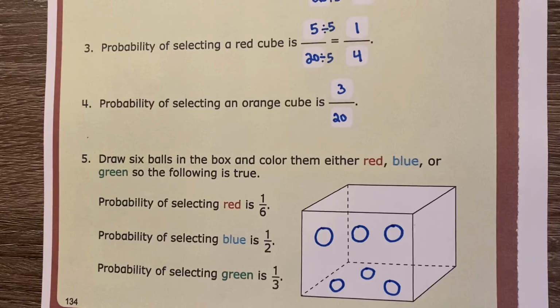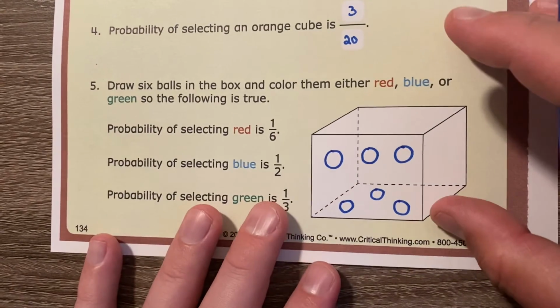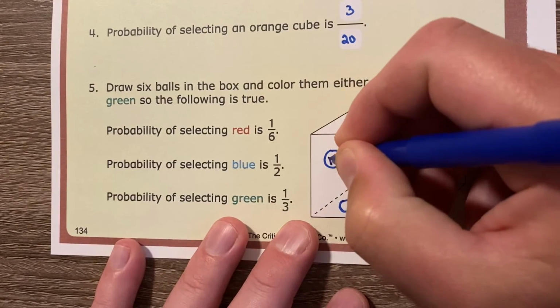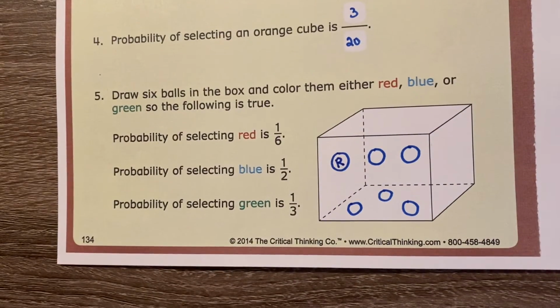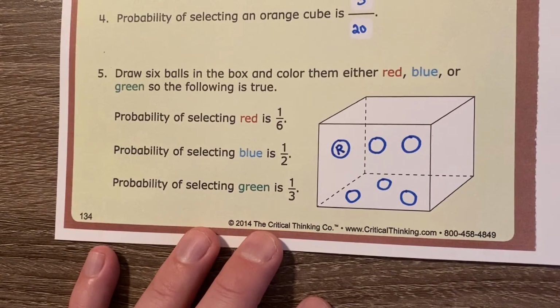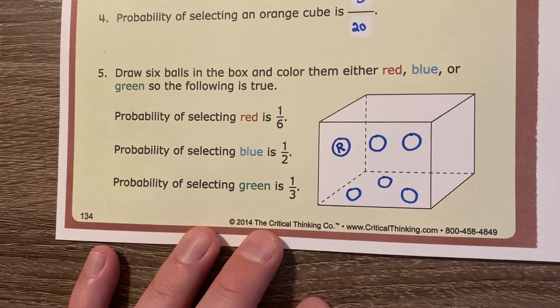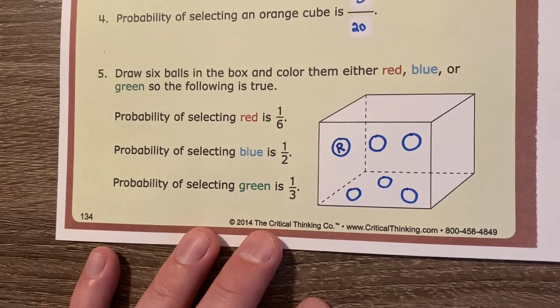All right, so it says, if the probability of selecting a red one is 1 out of 6, that means that one of these would just have to be red. What is the probability of selecting a blue one if that's 1/2? So if there is 6 of them in there, half of them would be 3, because 6 divided by 2 would be 3.